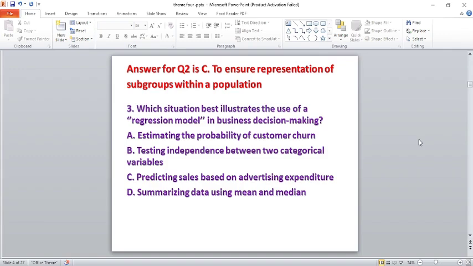C. Predicting sales based on advertising expenditure. D. Summarizing data using mean and median. The answer for this question is C. Predicting sales based on advertising expenditure.